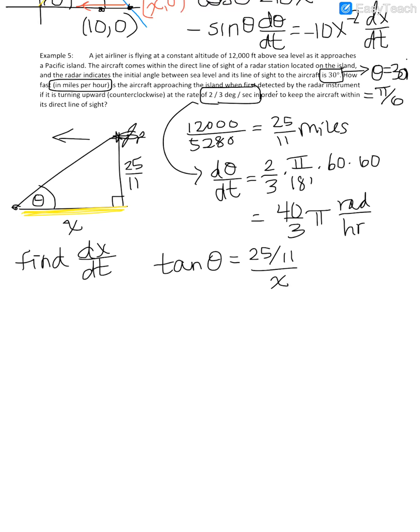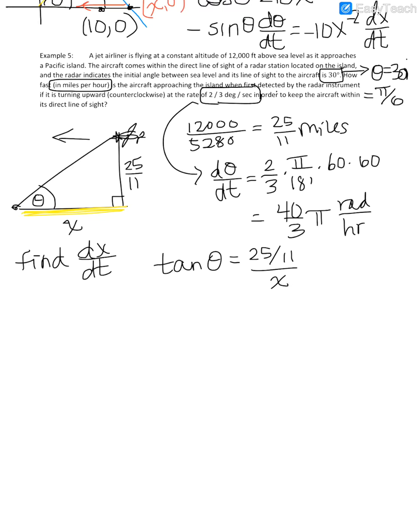If I am thinking ahead, when I do this derivative, I'm going to have this x on the bottom, so it's actually an x to the negative 1. So I'm going to get negative 1 x to the negative 2 dx dt. The problem with that is I don't have an initial value for x. They gave me the theta, pi over 6, they did not give me the x.